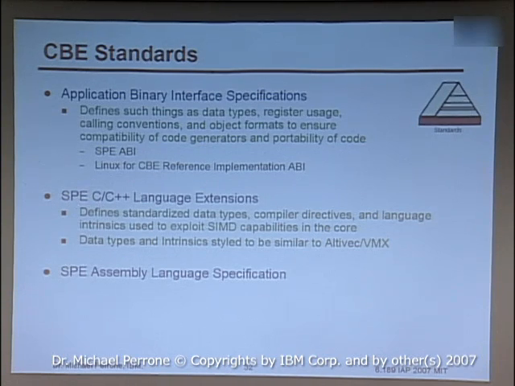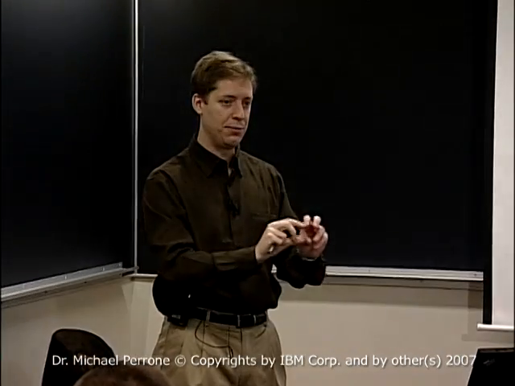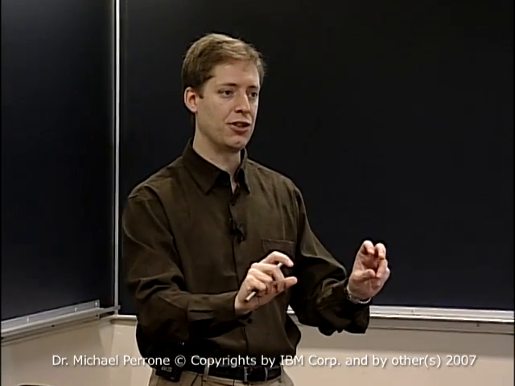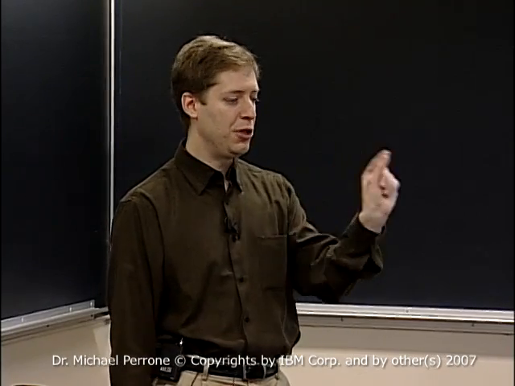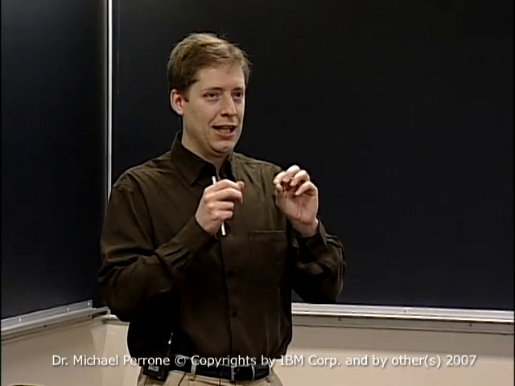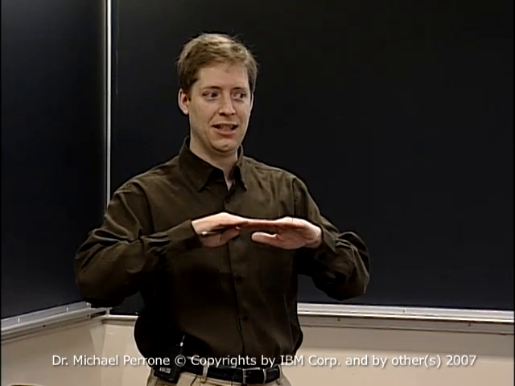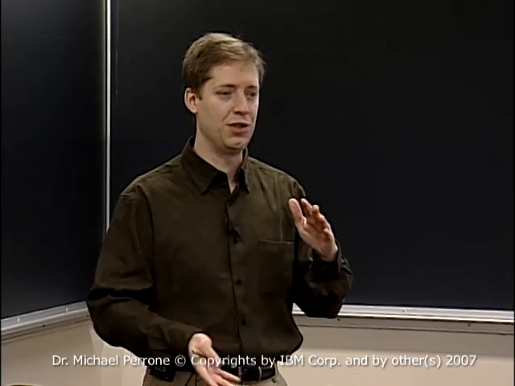C++ and C have language extensions in a similar way to the extensions for VMX and for SSE on Intel. You have C extensions for cell that allow you to use intrinsics that actually run as SIMD instructions on cell. So for example, you can say SPU_mulad, and it's going to do a vector mulad. And so you can get kind of assembly language level control over your code without having to use any assembly language.